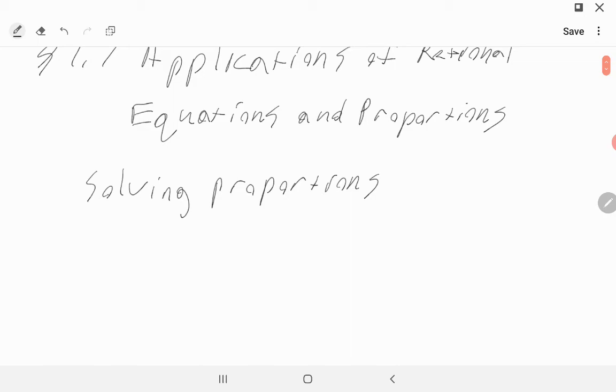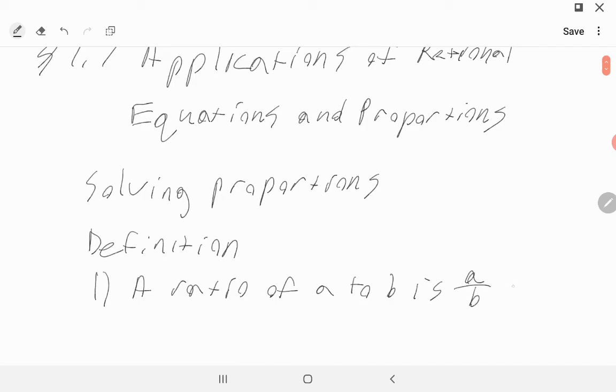So first off, we're going to define those. So, definition: we notice that a ratio of A to B is A divided by B, or sometimes you'll see it as A colon B. I don't think your textbook uses that particular notation, but it gets used from time to time.